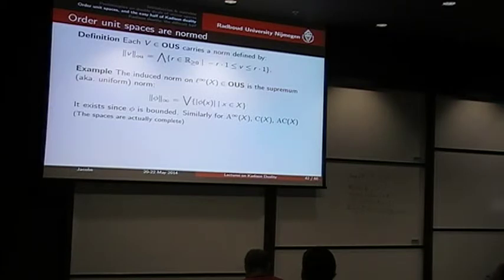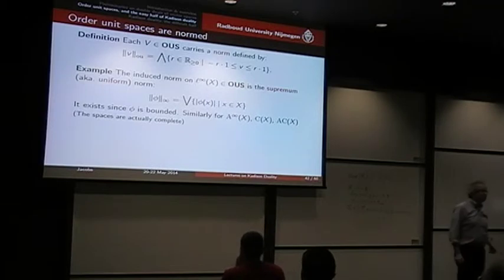Again, you take the supremum over a set which has an upper bound. Now the same result holds for these other constructions of order unit spaces, A infinity with continuous functions on X and the affine continuous functions on X. And actually it's the case that all these spaces are complete in their norm.